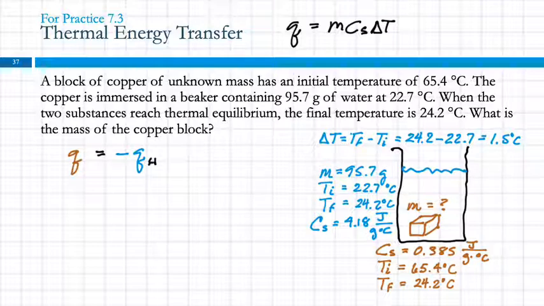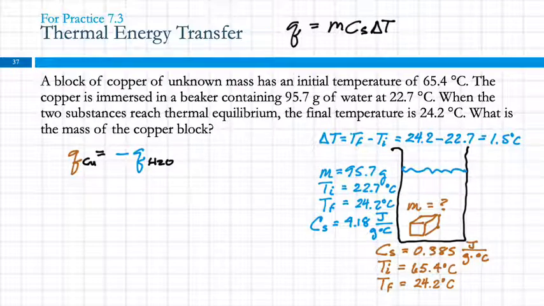Well, the H2O would be a subscript here, and maybe Cu there. Which one of these do I have all the pieces for? For the water. So let's calculate Q for the water.